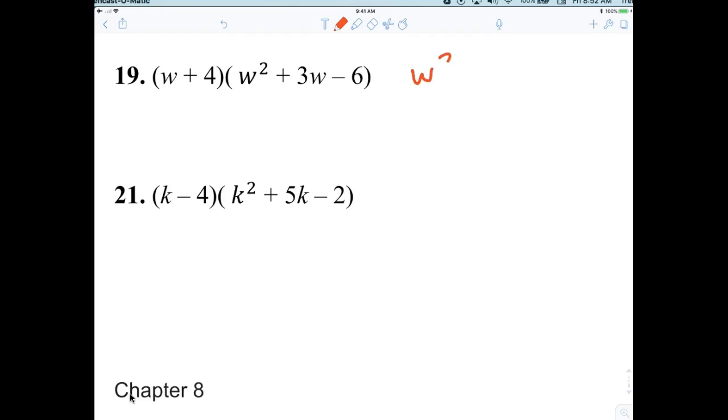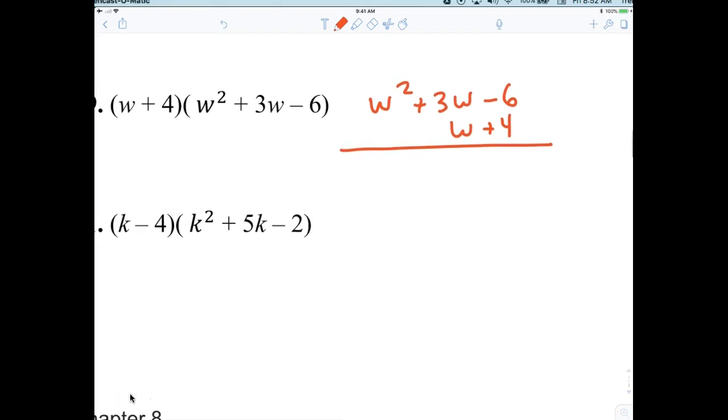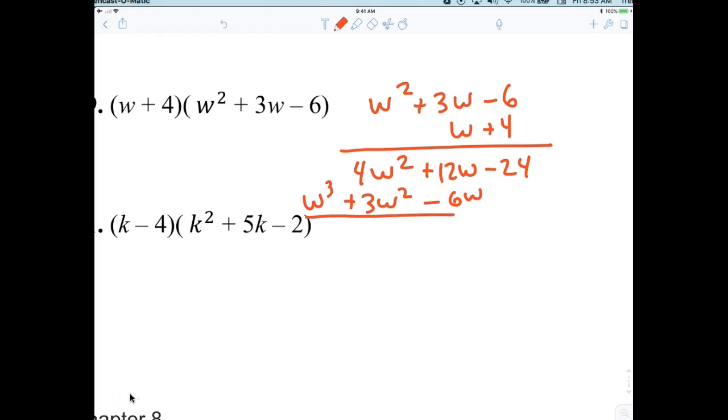I've got w squared plus 3w minus 6 times w plus 4. 4 times negative 6 is negative 24. 4 times 3w is a positive 12w. 4 times w squared is 4w squared. Now I'm multiplying by w. That becomes a negative 6w, a positive 3w squared and a positive w cubed.